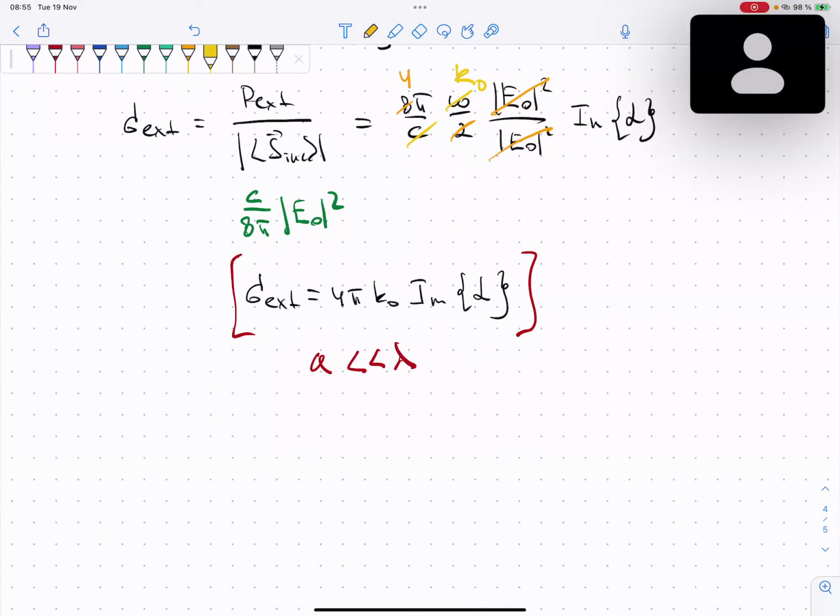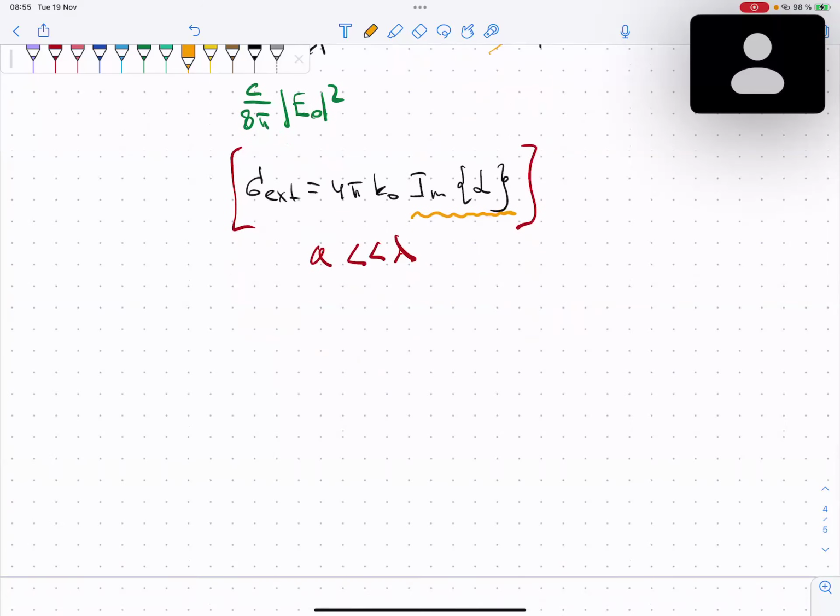So we can see that one important thing is that the extinction cross-section is proportional to the imaginary part of polarizability. So if the imaginary part of polarizability of the particle is equal to 0, it means that the extinction cross-section is equal to 0.